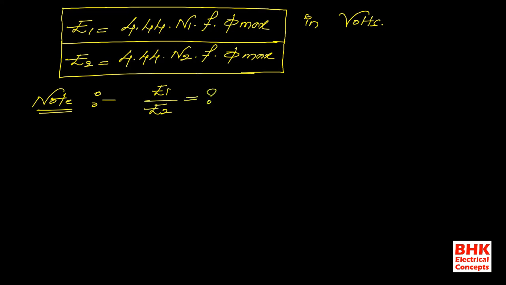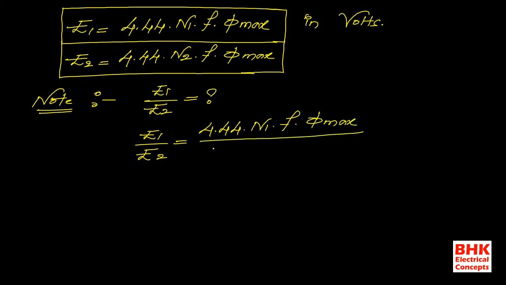So E1 divided by E2 is equal to 4.44 into N1 into f into phi max divided by 4.44 into N2 into f into phi max.